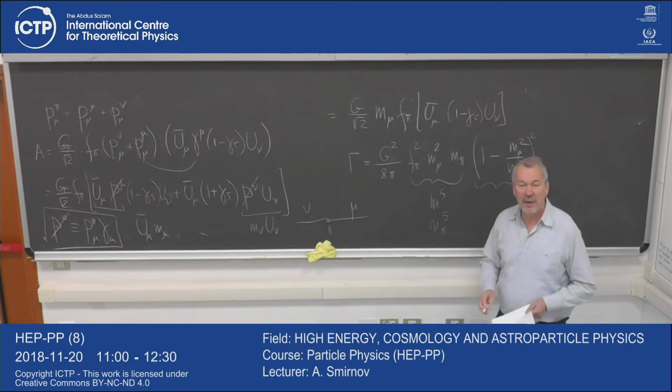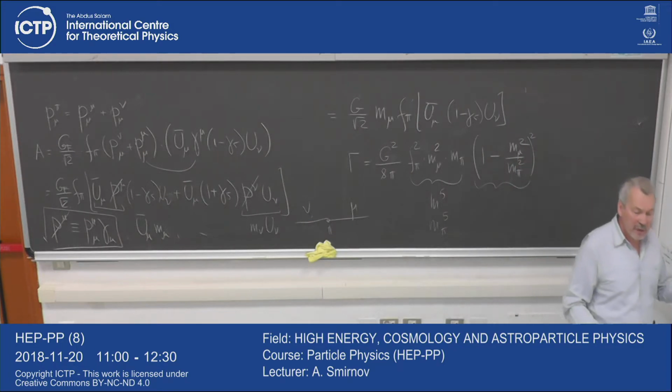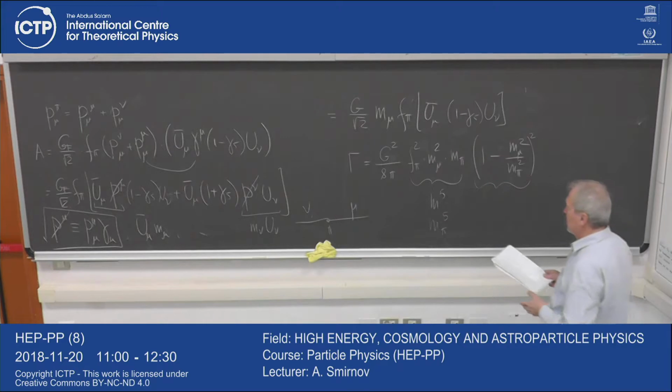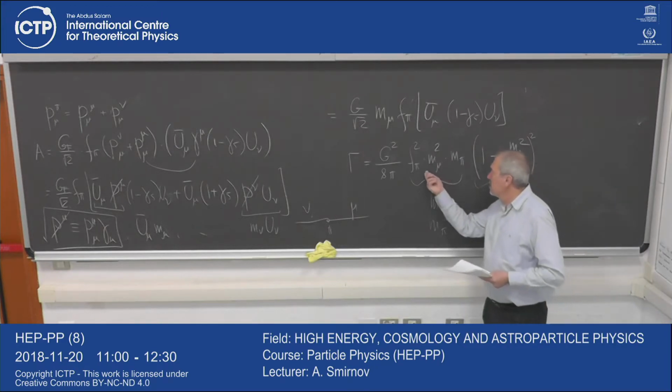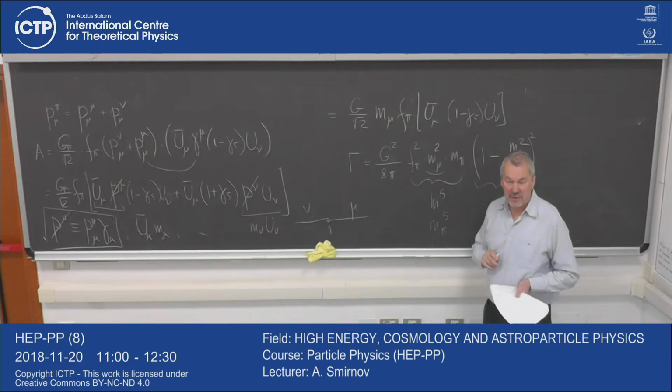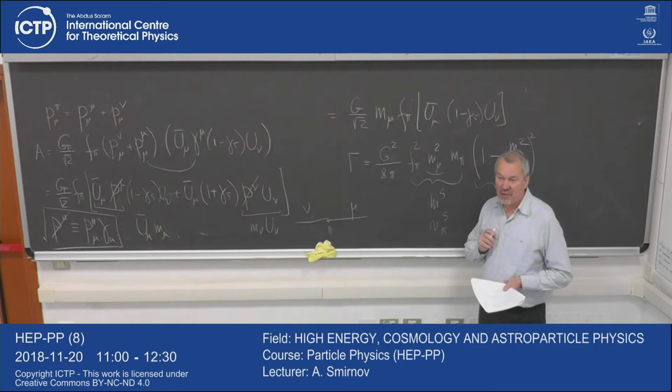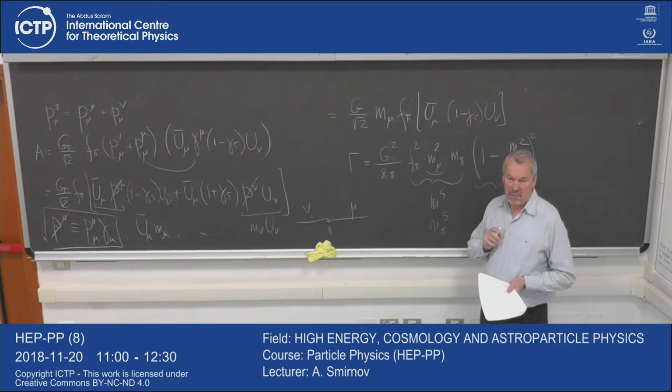However, things are more complicated. Here we have a two-body decay, with a Lagrangian or Hamiltonian of a certain type, and that leads to the appearance here of the mass of the final particle, the mass of the muon, in contrast to the decay of the muon, when we neglect masses in the final state.